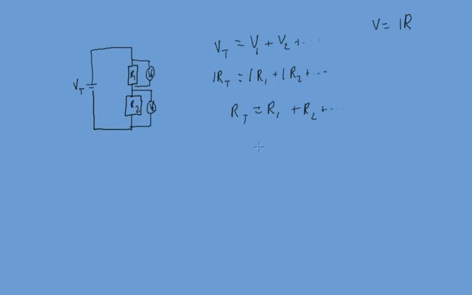Now this is because of the way the current flows. Resistance is something that opposes the flow of current. So to get the current to flow through it, there has to be a greater potential difference to push those electrons through that resistor.